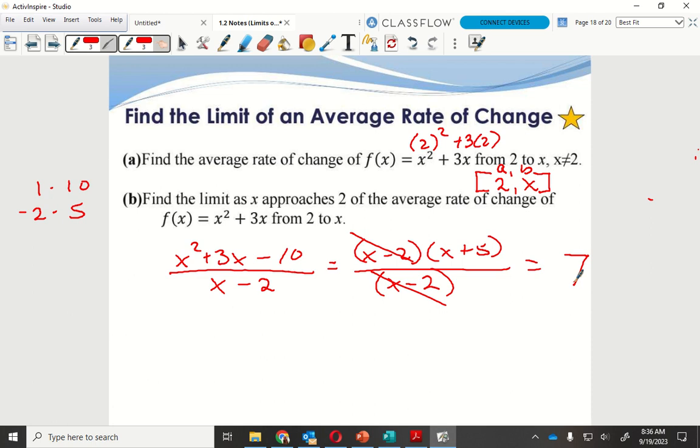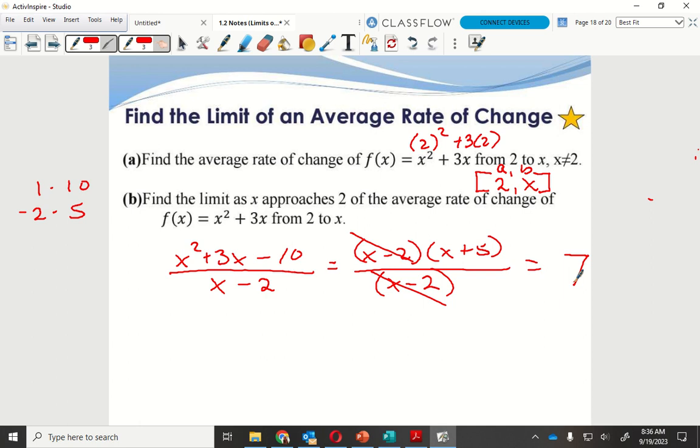Because right here, using algebra, if I still had the x minus 2 on the bottom, would I be able to actually still have that? On the bottom, isn't that 2 minus 2? 0, undefined. I can't do that right there. So that's why algebraically I was able to cancel that out.